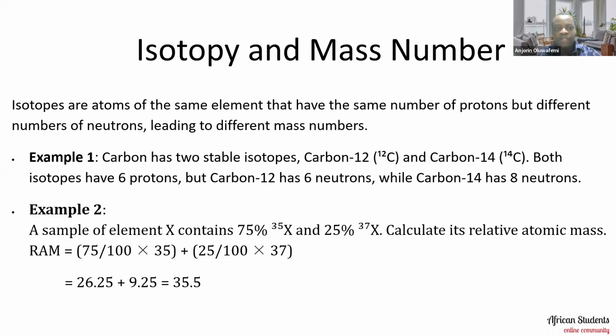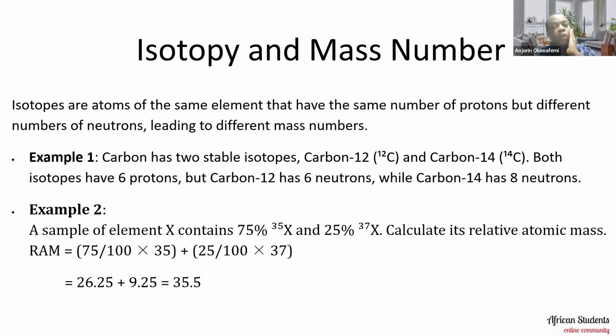Okay. After that, we looked at isotopy and mass number. We defined what an isotope is, and we used carbon-12 and carbon-14 as our example. You discover that they have the same number of protons, which is 6 protons, but their neutron numbers differ. Carbon-12 has 6 neutrons and carbon-14 has 8 neutrons.